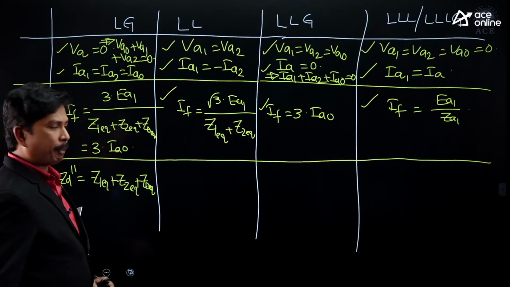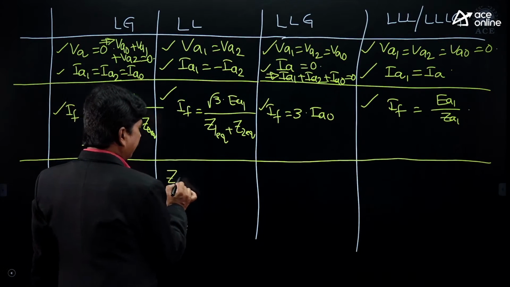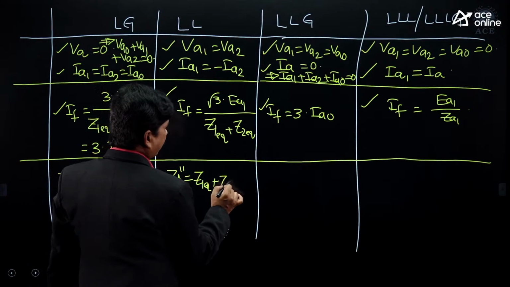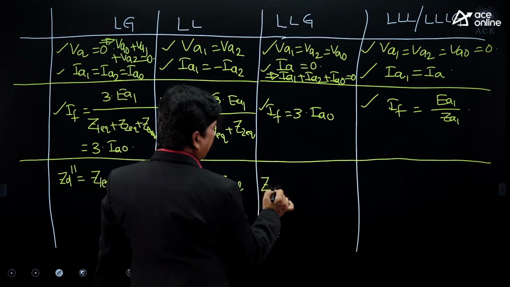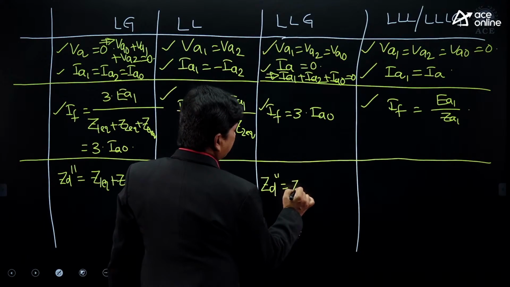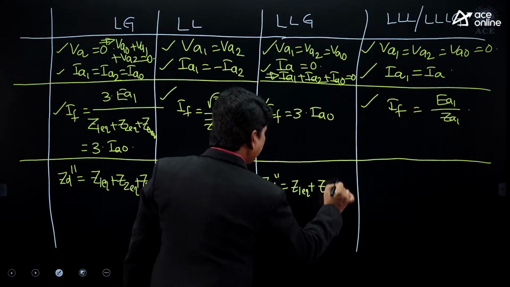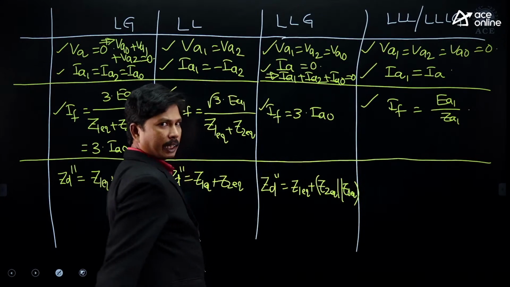So we can write the fault impedance also here, but I am not writing here. And whereas here ZD double dash is equivalent to Z1 equivalent plus Z2 equivalent. But whereas here ZD double dash is equivalent to Z1 equivalent plus Z2 equivalent, which is parallel to Z0 equivalent.